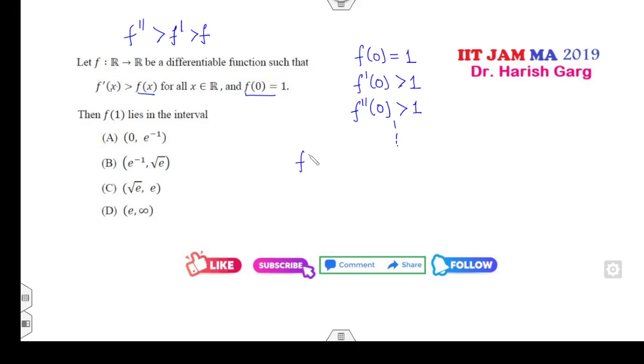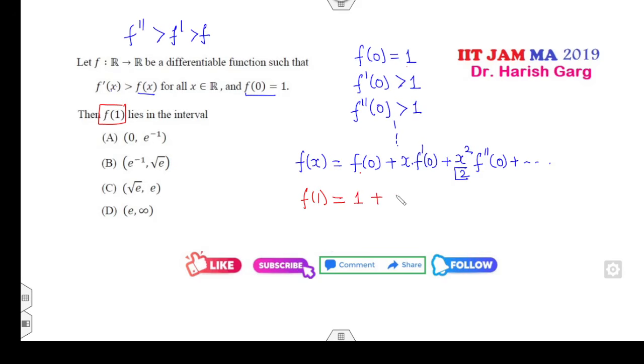So I can apply the Taylor series. f of 0 plus x into f dash 0 plus x square by 2 f double dash 0 and so on. And your target is to find the value at 1. f of 0 is 1 plus f dash 0. f dash 0 is greater than 1. So that number is greater than 1 plus 1 over 2.